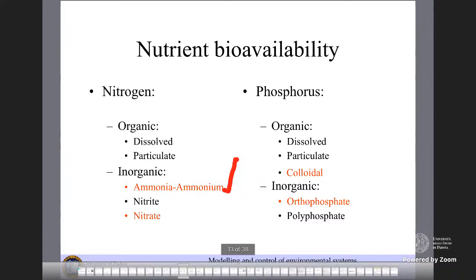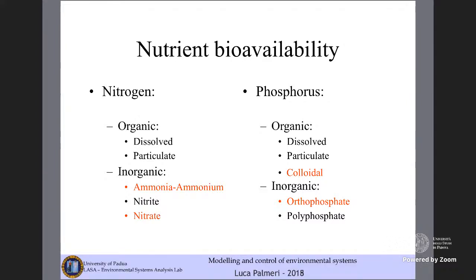For the phosphorus, again, we shall consider two different forms of phosphorus, organic and inorganic phosphorus. For the organic forms of phosphorus, we have dissolved and particulate, dissolved organic matter, DOM, and particulate organic matter, POM.